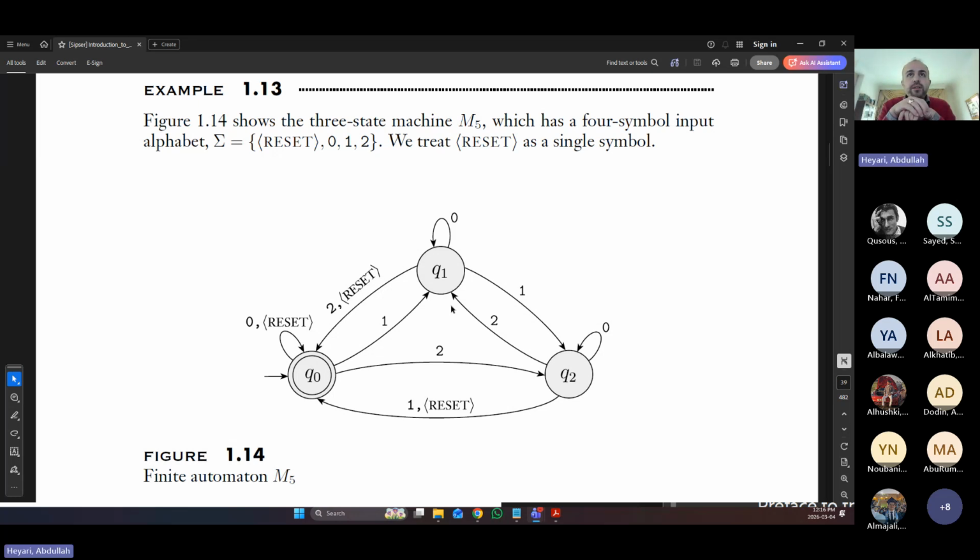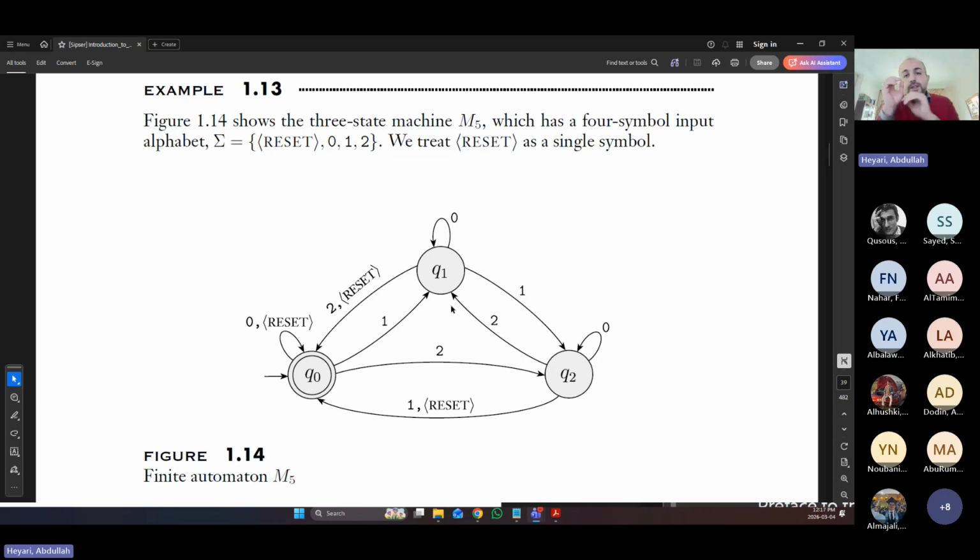What if I am standing at Q1 and I read 2? Where does that take me? Back to Q0? Correct. And when you are sent back to Q0, you are sent back to an accept state. At that time, what's the sum? 6? Correct.